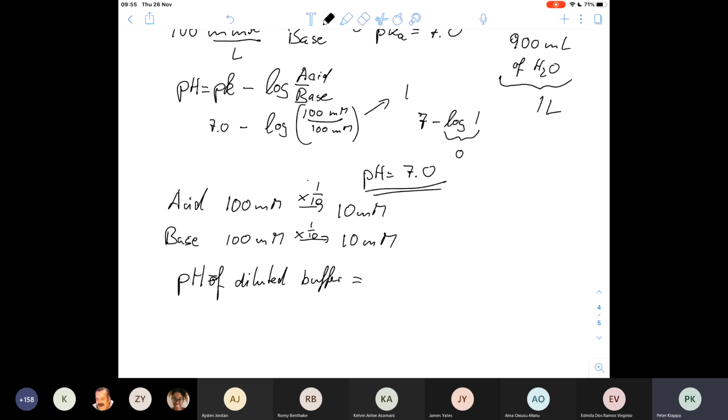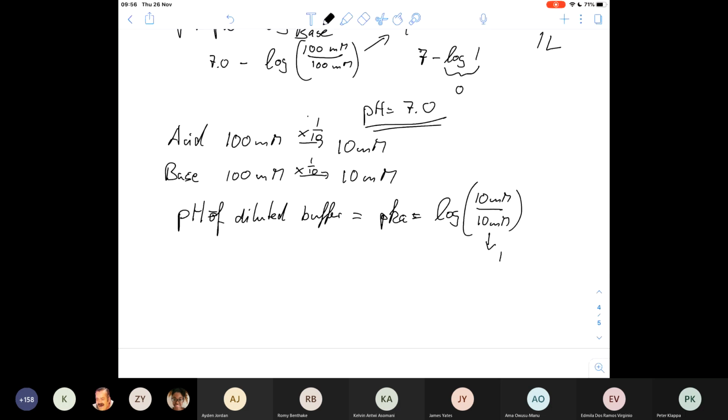Reynolds says it's still 7. Why? You're absolutely right. pH equals pKa minus log of acid over base. So now I've got 10 millimolar acid and 10 millimolar base. But that still gives me 1. Sorry, that's a minus.